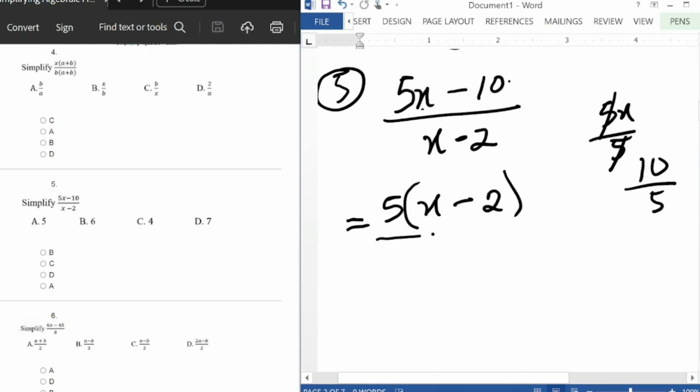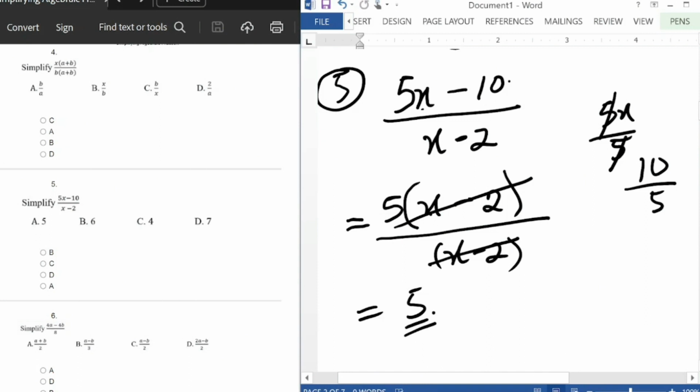So you close it, divided by x minus 2. You notice that x minus 2 and this one, same x minus 2, you can put this one in bracket so that this will cancel this. Therefore what you have left as your answer is 5, and that is option A. I hope this is very clear. All right, so move to question number 6 now.